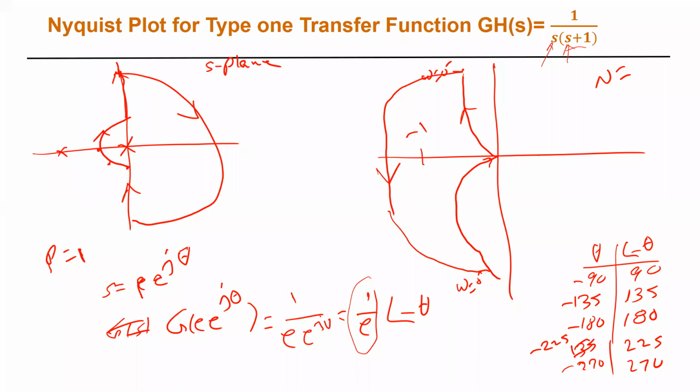What's the magnitude of 1 over rho? It's almost infinity. It means we are moving toward the infinity line. Now I got you. Okay, now, what will n be equal to?